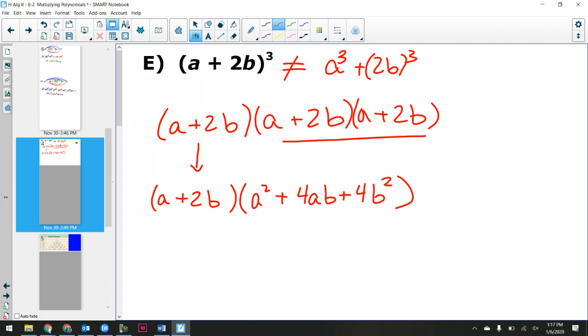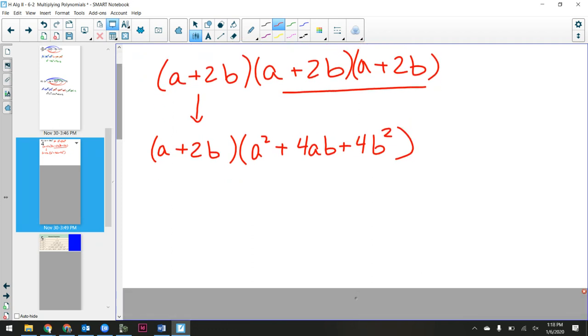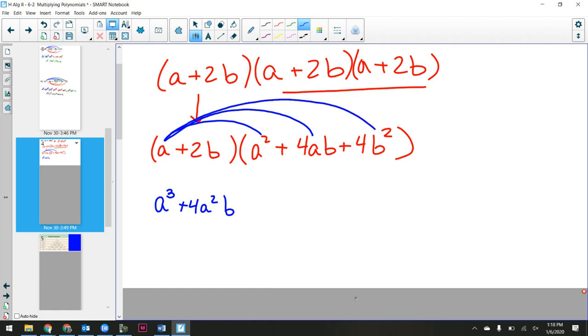And then this turns into problem C on your guided notes, right? Okay. So we take a times a squared, a times 4ab, a times 4b squared. We take 2b times a squared. We take 2b times 4ab.